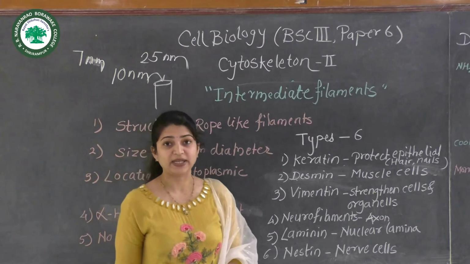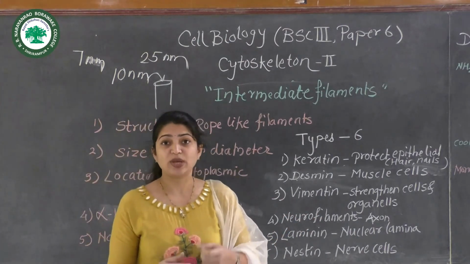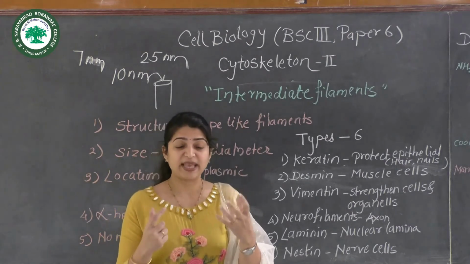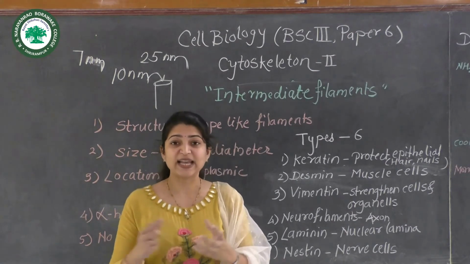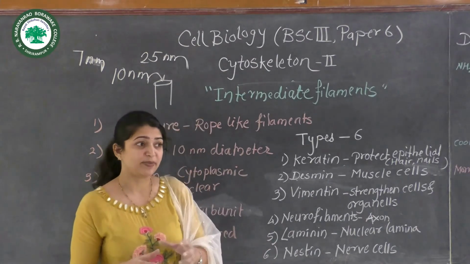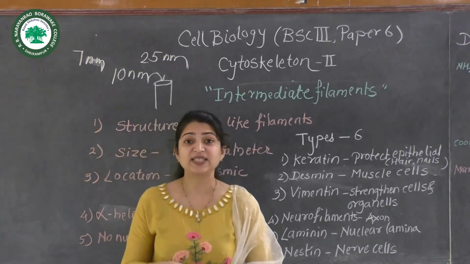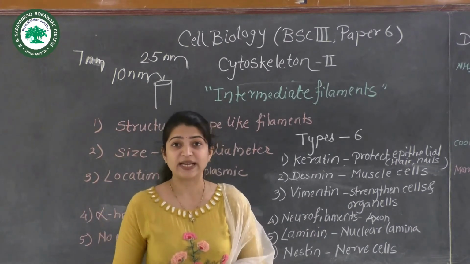Next is vimentin. Vimentin helps to strengthen the cell, to make the cell strong against any kind of disturbances taking place in the cell. So that structure is maintained with the help of vimentin. Also, it maintains the location of the organelles.